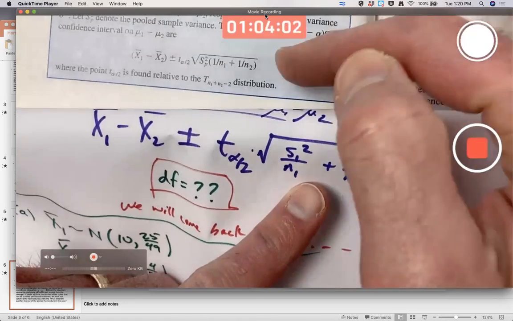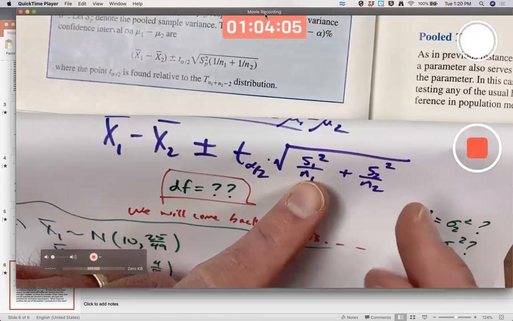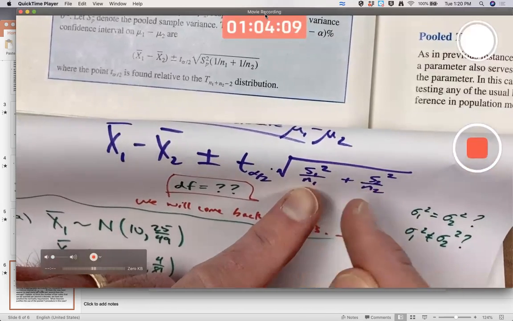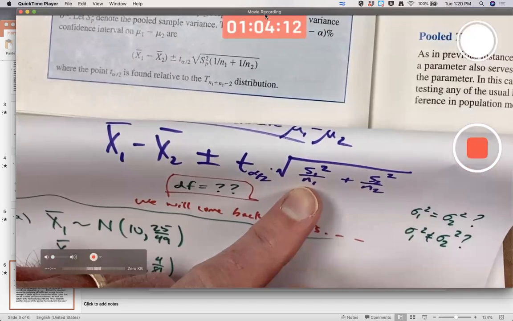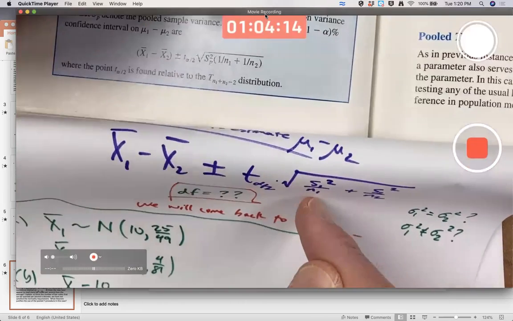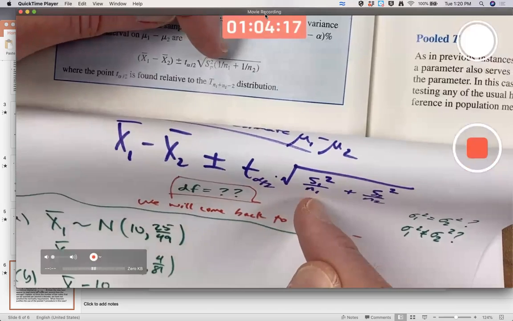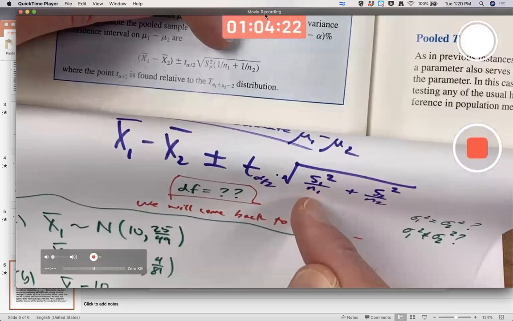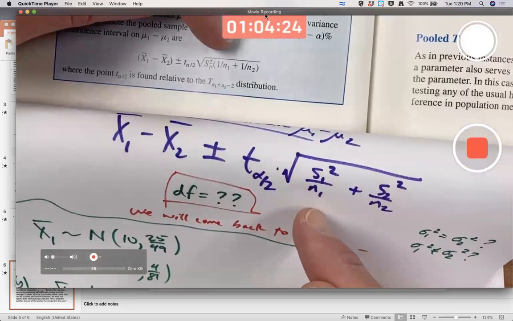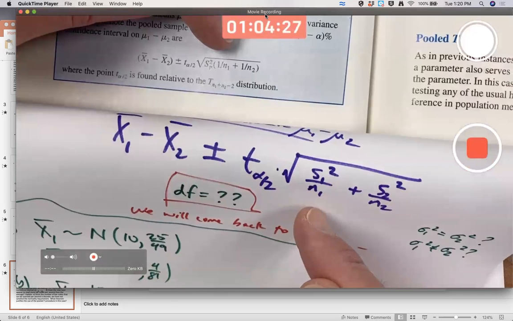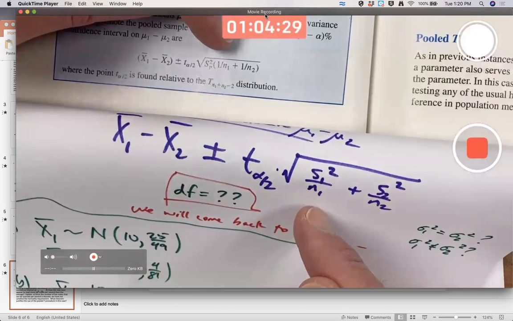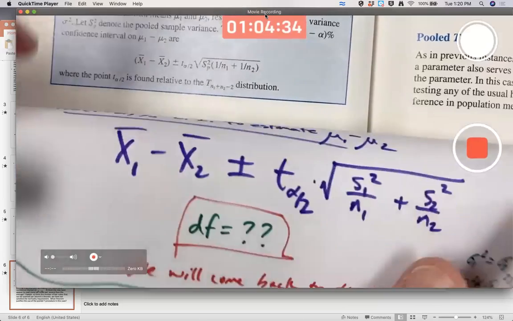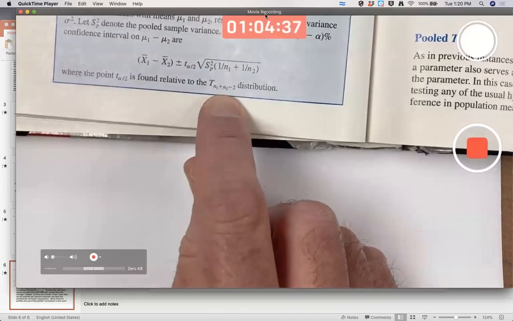It looks different than the square root here, but they would be the same if I replace both S1 squared and S2 squared by Sp squared, because then I could factor out the Sp squared and be multiplied by 1 over n1 plus 1 over n2. These two formulas are the same if S1 squared and S2 squared both get replaced by Sp squared. When pooling is appropriate, use this one in the book and use degrees of freedom n1 plus n2 minus 2.